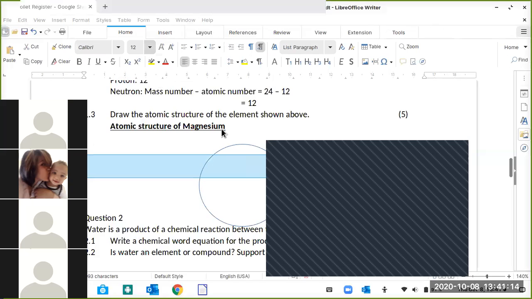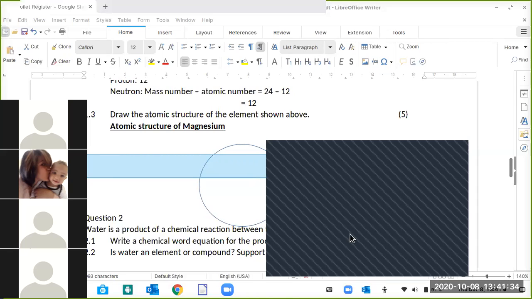Now, so we are saying it is in period 3, so you have to draw 3 rings, right? Then from there, you have to also leave space for the nucleus. In the nucleus, that's where we have got protons and neutrons.